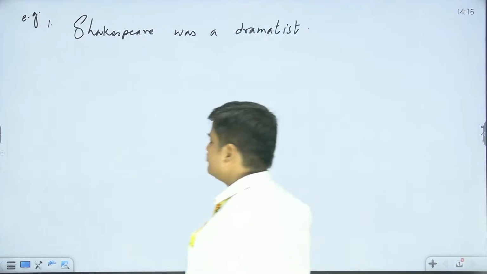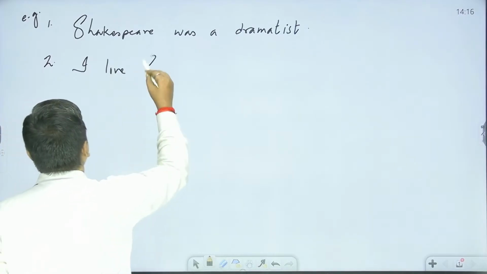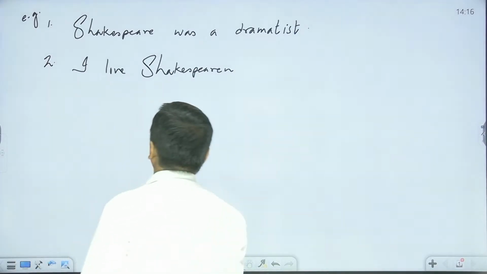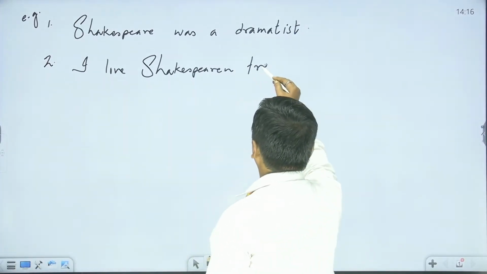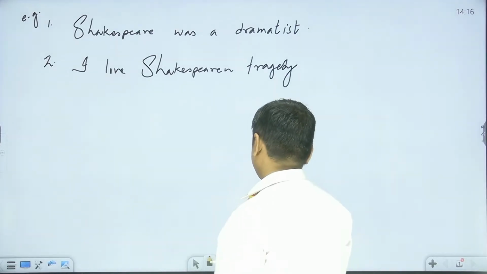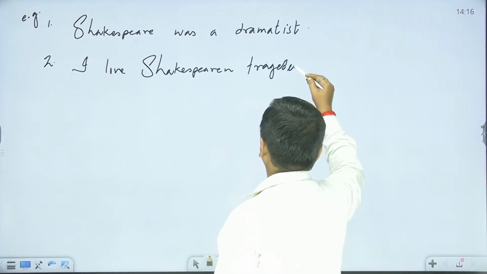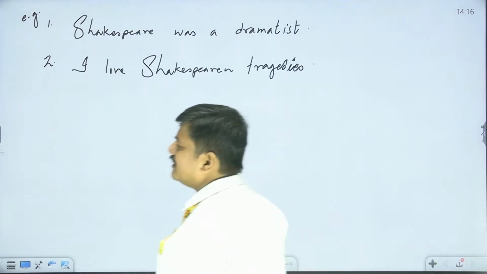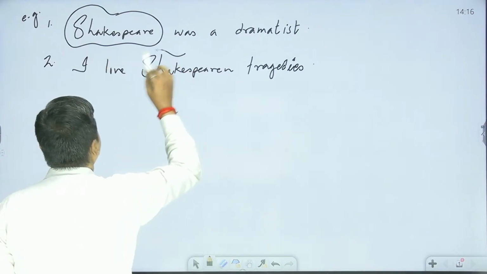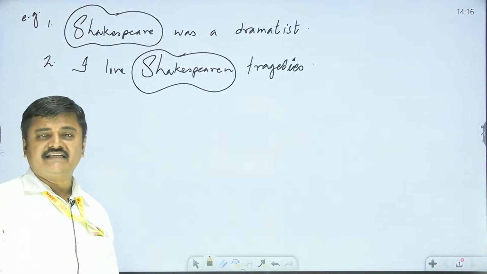Like, Shakespeare was a dramatist. Like, I love Shakespearean tragedies. Now this is Shakespeare in the first sentence, and in the second we see Shakespearean.